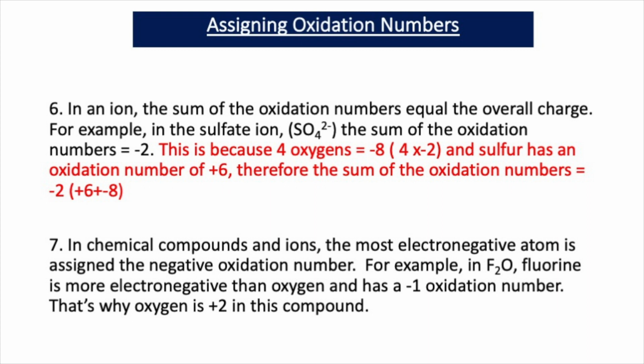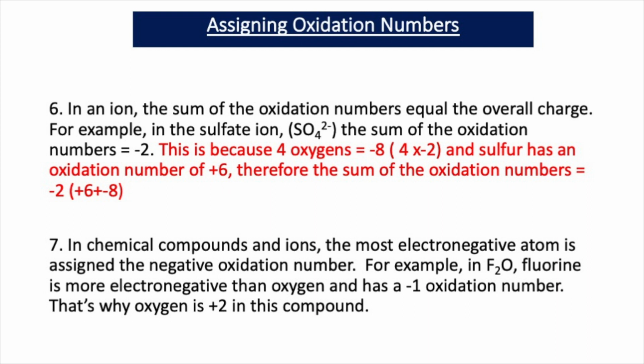Now the last 2 rules you need to be familiar with when assigning oxidation numbers are as follows. In an ion, the sum of the oxidation numbers equal the overall charge. So for example, in the sulfate ion, which is SO4 2-, the sum of the oxidation numbers is equal to -2 because the charge of the ion is 2-.